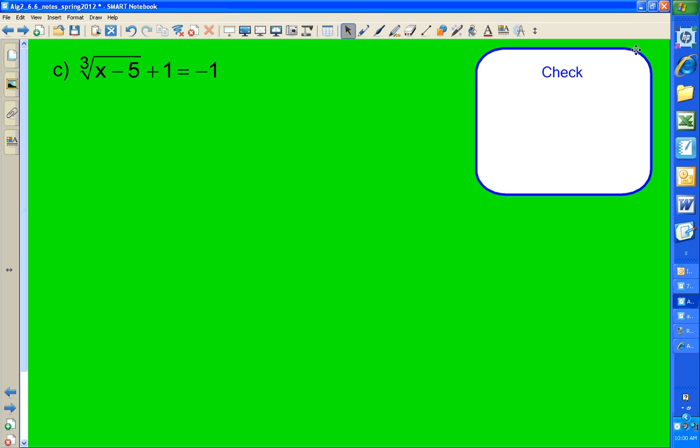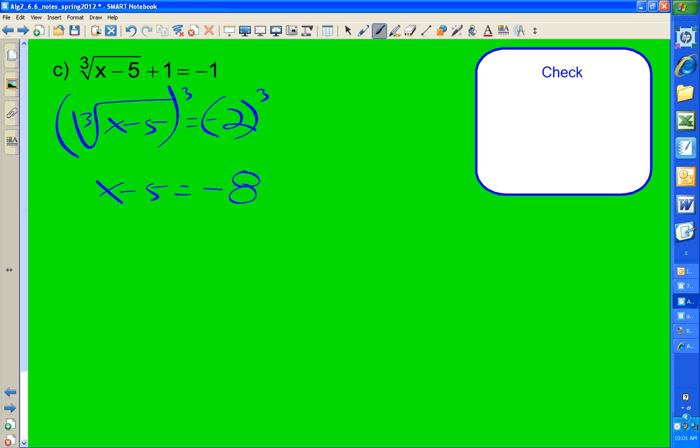All right, so what do we do first? Subtract the 1 to isolate that radical. How do you get rid of the radical? Cube it. Cube both sides. So we're going to get x minus 5 is equal to negative 8.